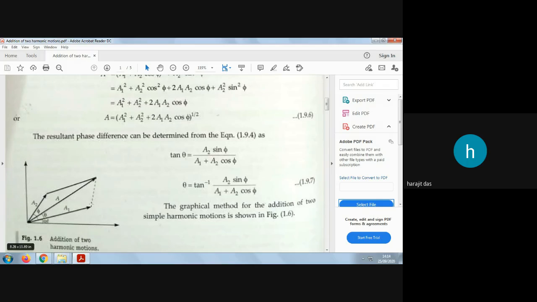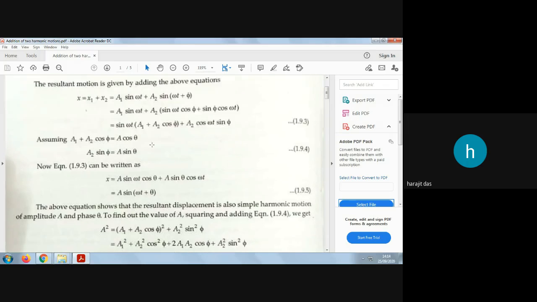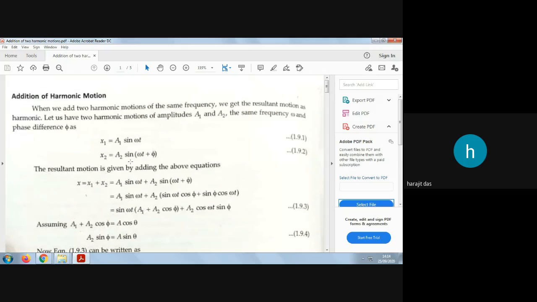This one is the resultant vector because x is x1 plus x2. After doing x1 plus x2, finally you will get a sine function, A sine omega t plus phi. So x equals A sine omega t plus phi is the resultant motion, which is a simple harmonic motion for these two individual simple harmonic motions. Understood?